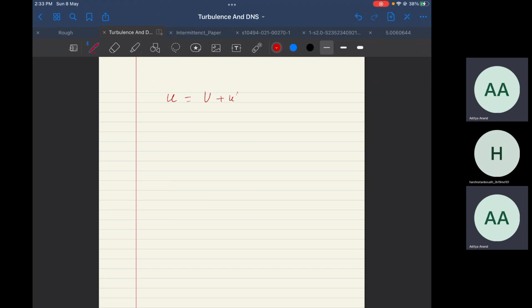But you can also multiply the mean momentum equation and get the turbulent kinetic energy equation. Get the kinetic energy equation for mean and fluctuating flow.